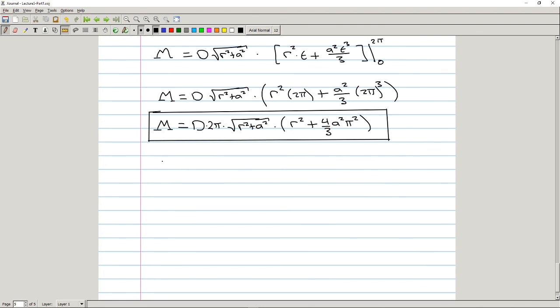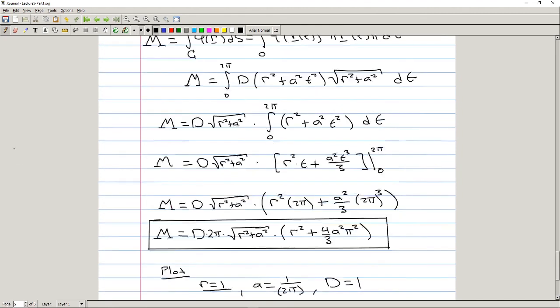For the example plotted, we have that r, the radius, is 1, and a is 1/2 pi, and d in the example is just 1, and the units of d are a little bit important.